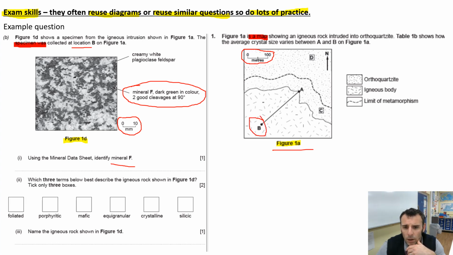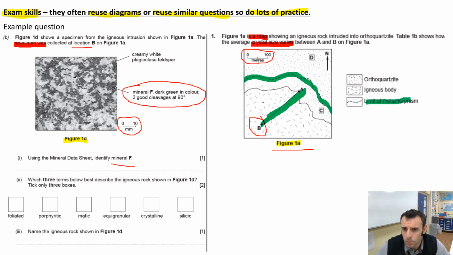Something else which is relevant at this point is that there is a variation. It's saying there's a variation in crystal size, which is occurring, and that's from A to B, as you would expect, because this is an intrusion. And also we've got our metamorphic aureole, which has been identified on there as well.